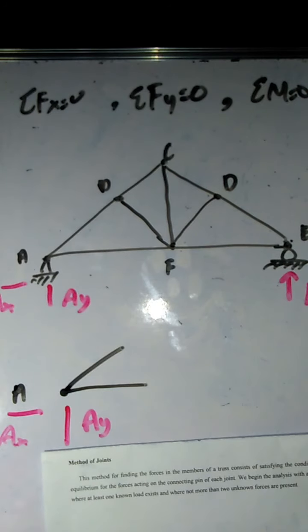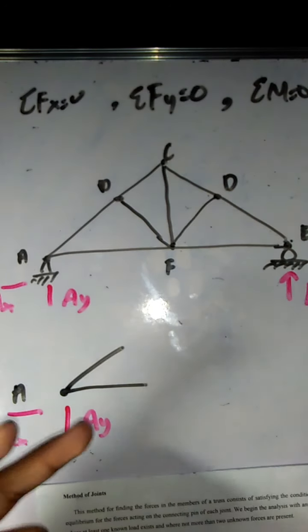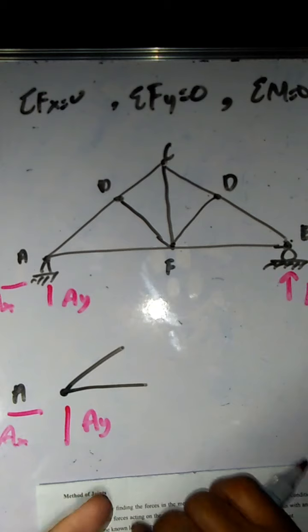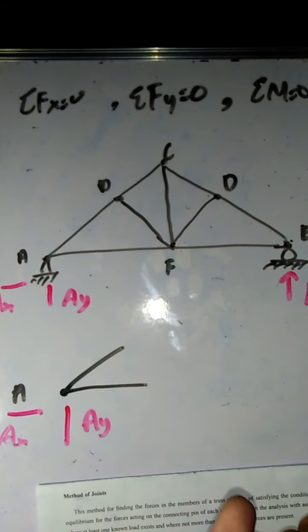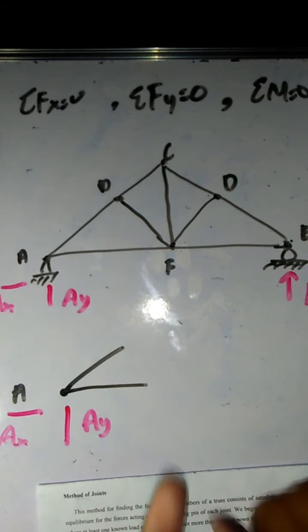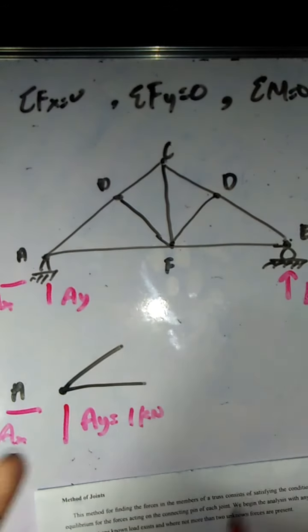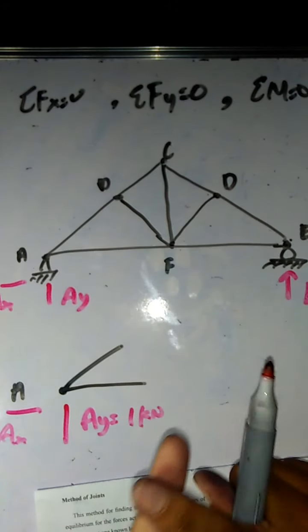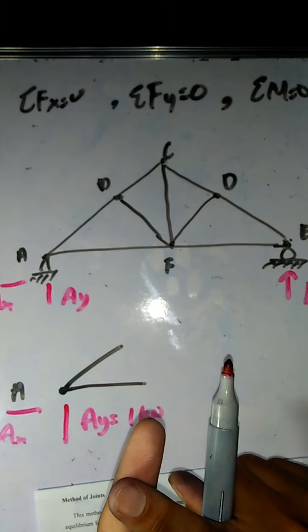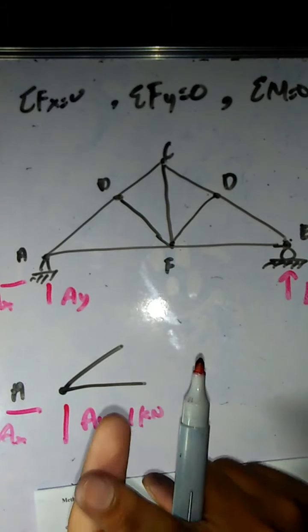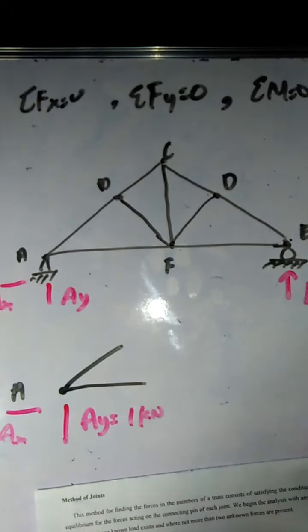So sa pag-analyze is dapat sa joint na ito ay may isang at least na nabigay na load. Let's say ito, given ito na 1 kilonewton. So satisfied. Pero make sure na yung unknown ay hindi lalagpas ng what? Make sure yung unknown ay hindi lalagpas ng dalawa.